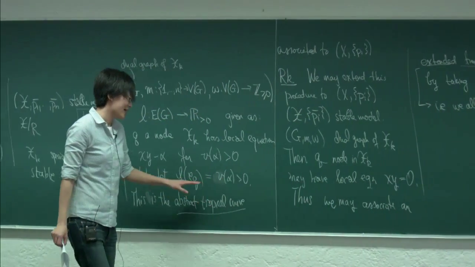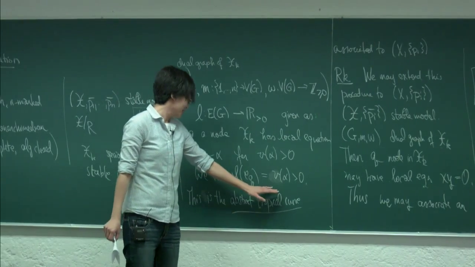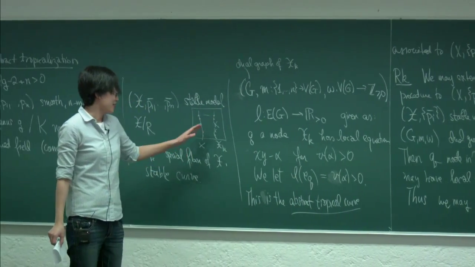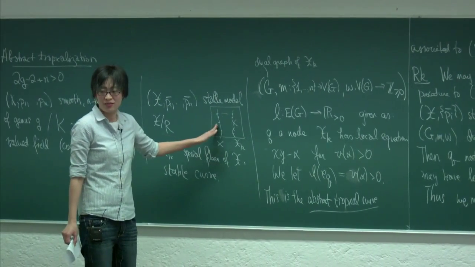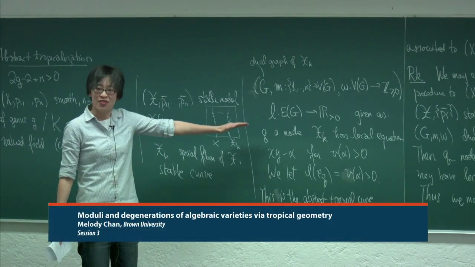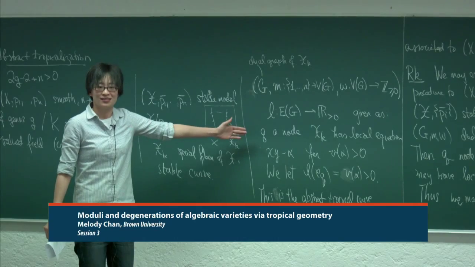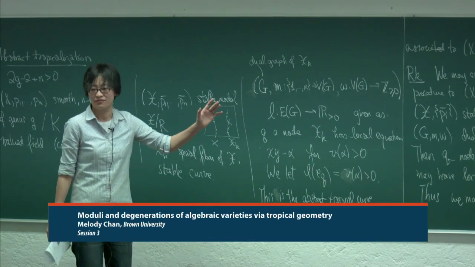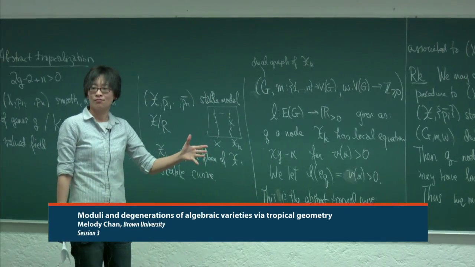So that's just a small edit to the previous definition, which comes from the fact that if you have nodes on the general fiber, they will persist as nodes in the special fiber, and those edge lengths are deemed to be positive infinity. Is it okay? Okay.